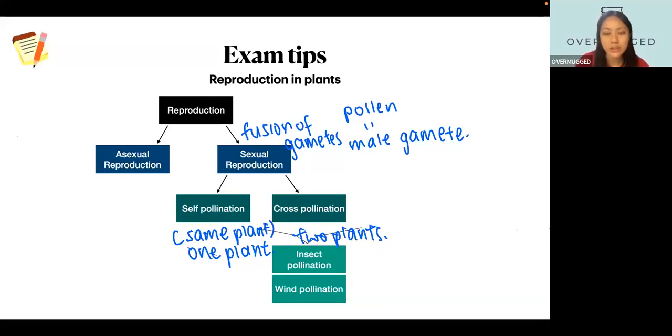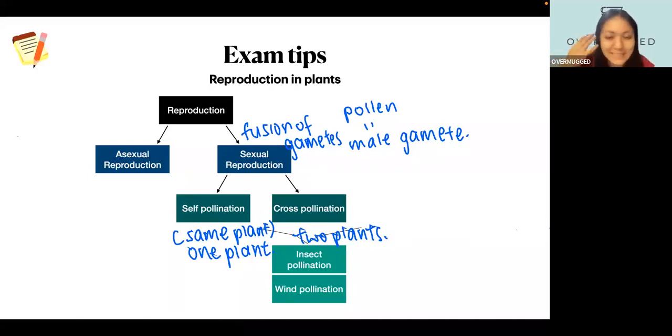The external agents are insects and the wind. When we say insect pollination and wind pollination, usually we refer to cross-pollination. Not saying that the bees cannot visit within the same plant, but cross-pollination relies a lot more on these external agents, insects and wind.